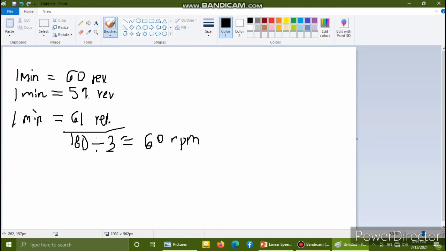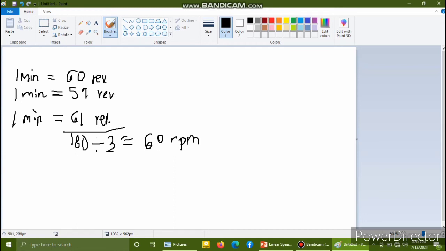Why does it become revolutions per minute? Because we are measuring in revolutions and in minutes. So we have to write 60 revolutions per minute.